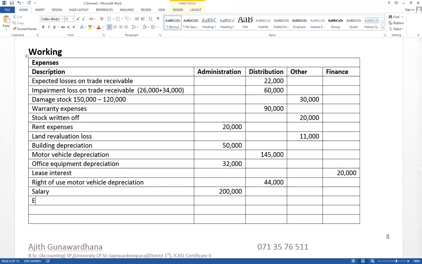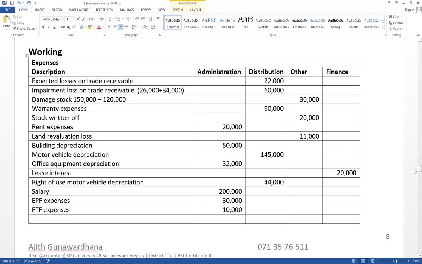Then EPF expense 30,000, only contribution of employer, as well as ETF expense also same way, only contribution of employer became expense. There are 3 expenses relevant for employees under administration.